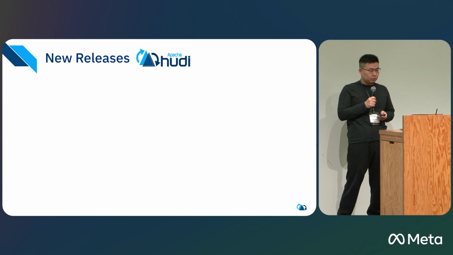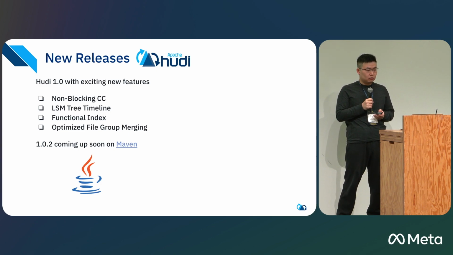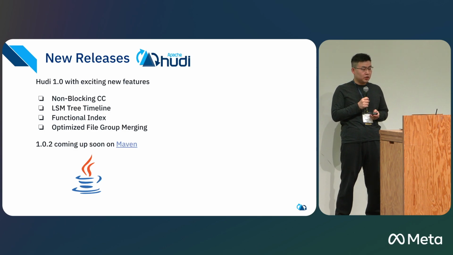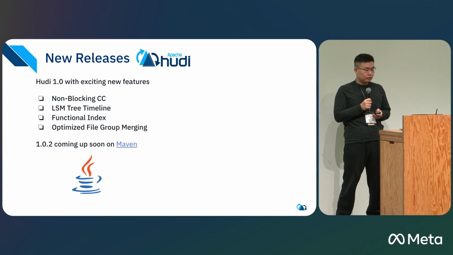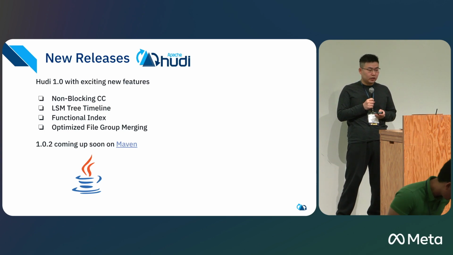Looking at the bigger picture, the Hudi project is being actively developed on multiple fronts. The main Java implementation recently reached a significant milestone with the 1.0 release, introducing powerful new features that enhance Hudi's capability as a data lakehouse platform.